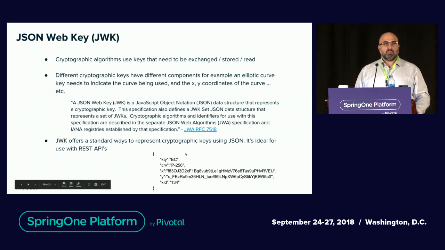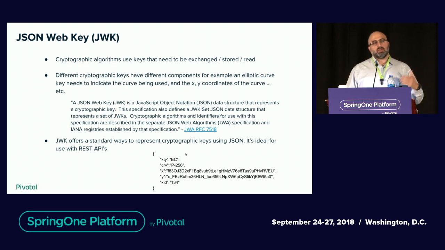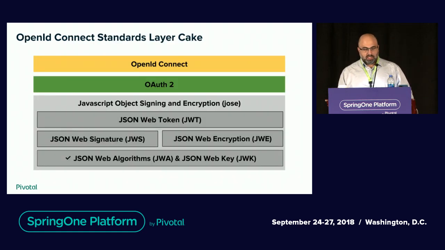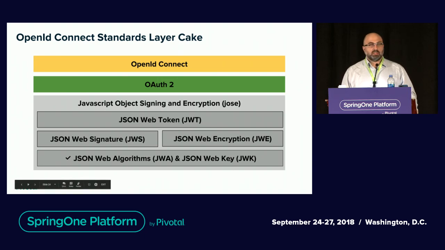And all these details are important for the frameworks to be able to work with each other. The beauty of these standards is that it makes it possible for code written in Java to work with code written in Node, to work with code written in PHP, to work with code written in C#. Everybody's using the same underlying things. So that's what JWK is. And that covers the bottom piece.